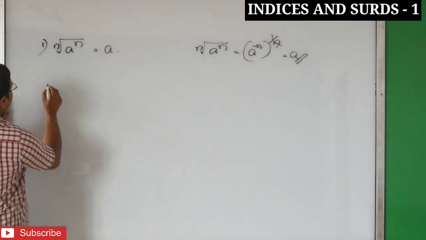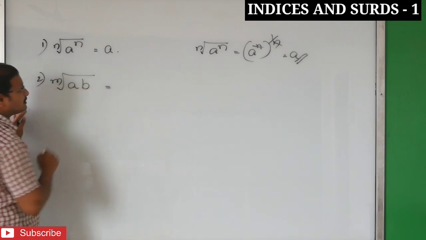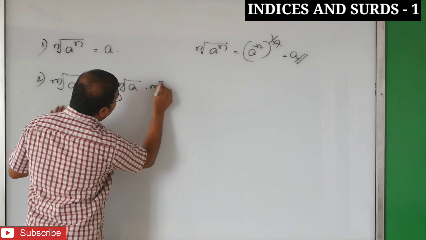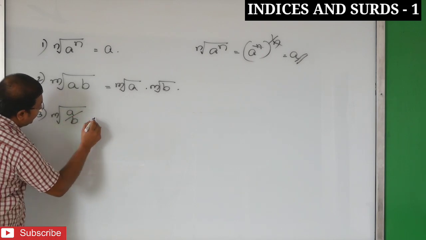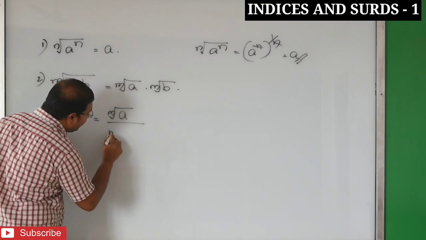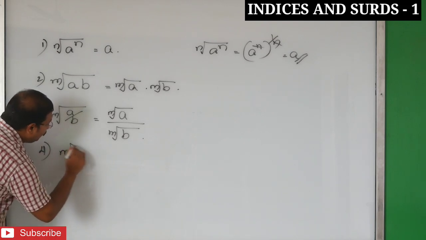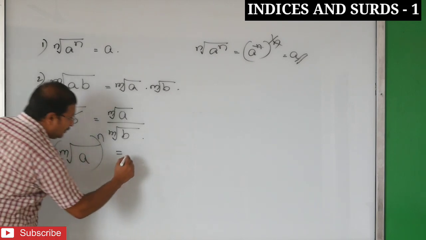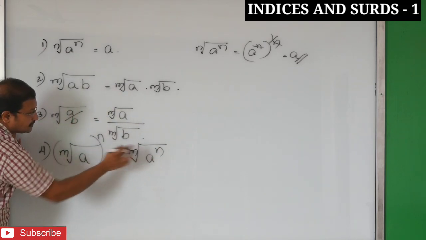Second: mth root of ab equals mth root of a into mth root of b. Third: mth root of a by b equals mth root of a divided by mth root of b. Fourth: mth root of a, the whole raised to n, equals mth root of a raised to n. This power we can write inside.